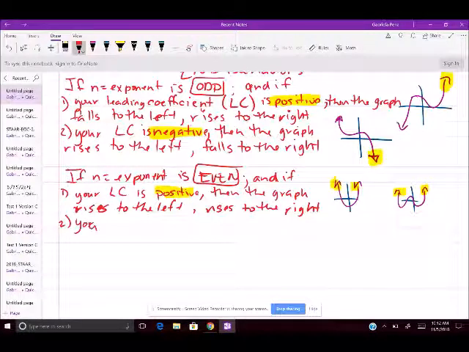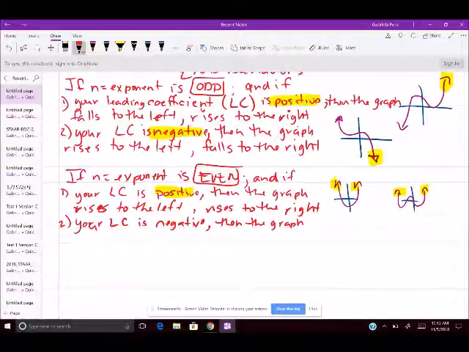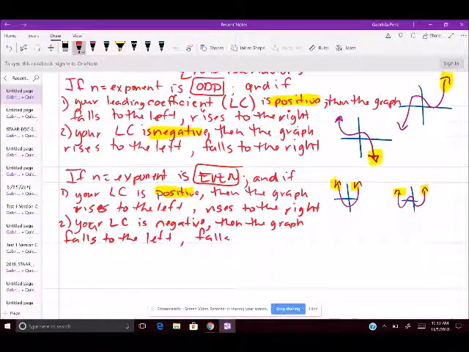If your leading coefficient is negative, where do you think they're both going to go? Down. They're both going to fall. Then the graph falls to the left and also falls to the right.